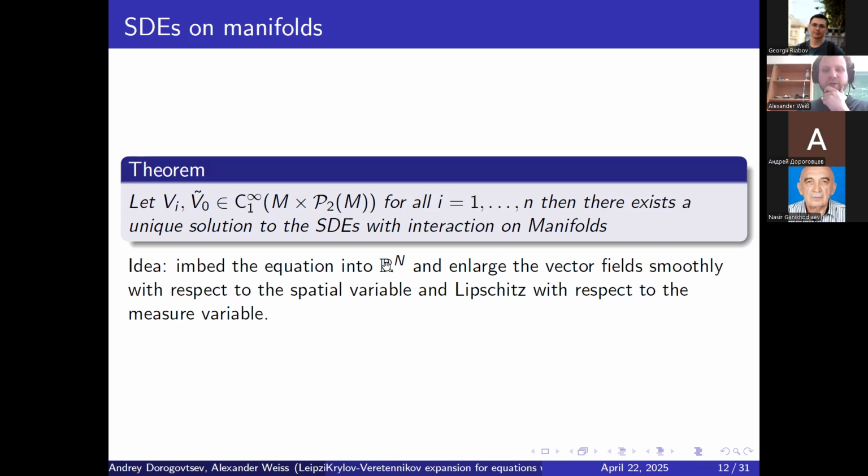Another, maybe important remark is that due to compactness, the geodesic distance and the Euclidean distance can actually be estimated. So we can estimate the geodesic distance by the Euclidean distance from above and from below.